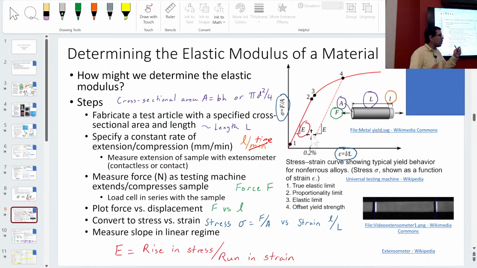So it's a little bit longer. And guess what? If you were to pull it again, it actually remains elastic up to a higher level of stress and a higher level of strain. So you've strained harder. This material is now actually stronger than it was previously.